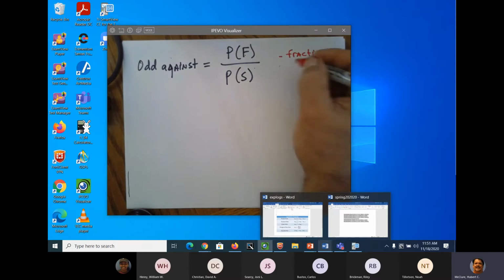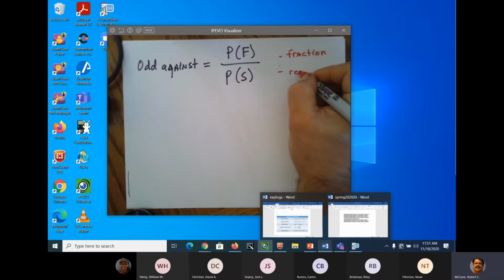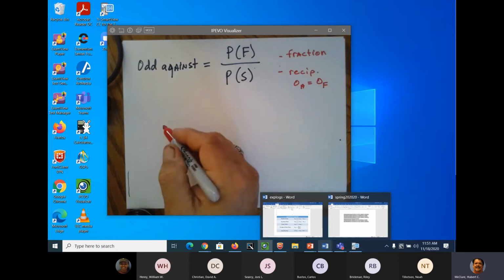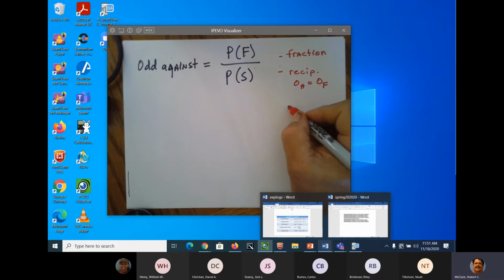Also, the reciprocal of odds against is odds in favor. So if you wanted to find the odds in favor, you just flip this. Okay, so I'm going to write odds in favor is equal to the probability of success over the probability of failure.